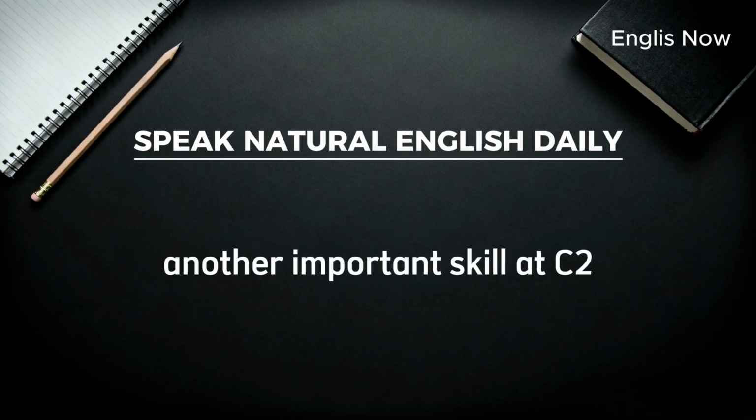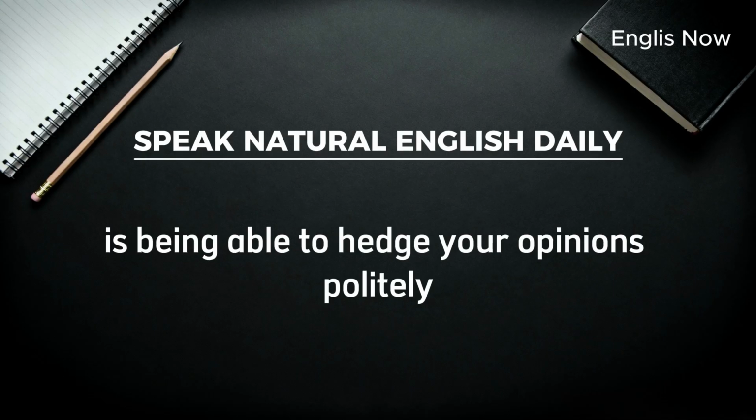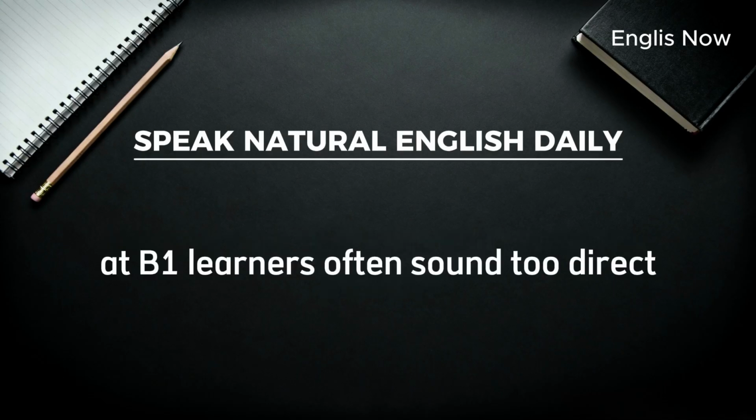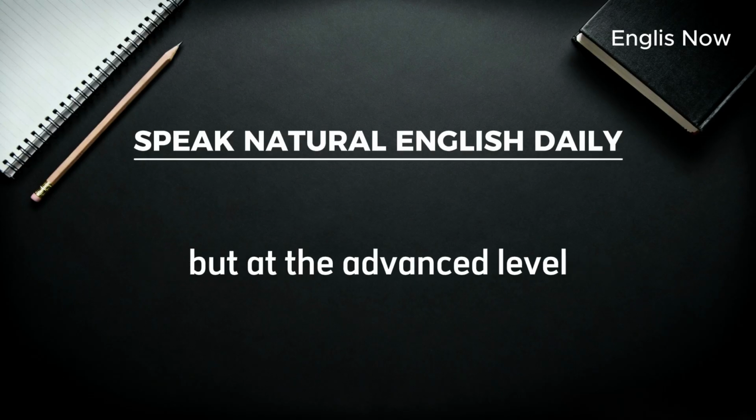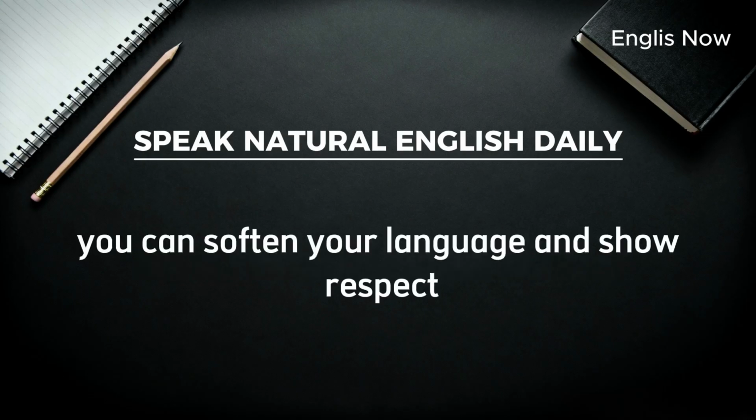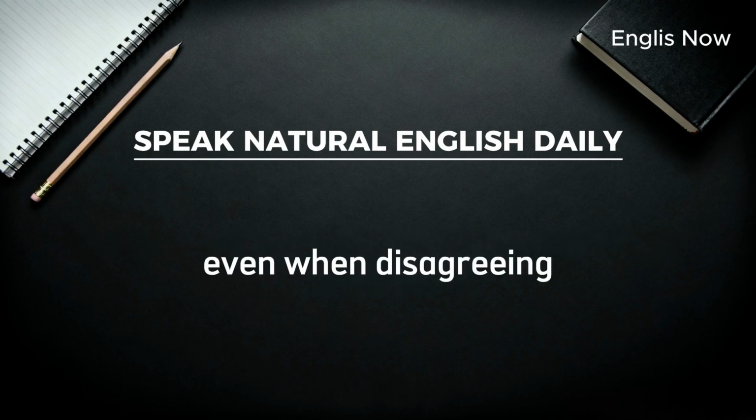Another important skill at C2 is being able to hedge your opinions politely. At B1, learners often sound too direct, saying things like, "You are wrong." But at the advanced level, you can soften your language and show respect, even when disagreeing.